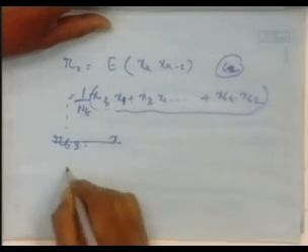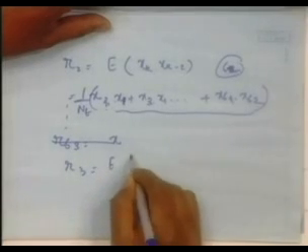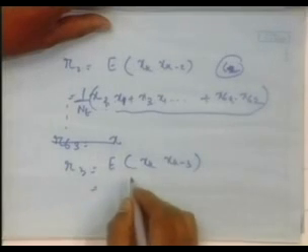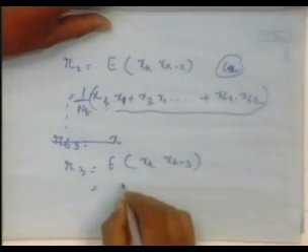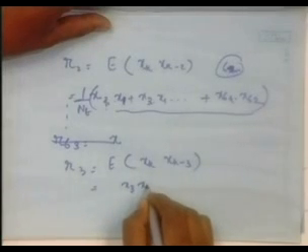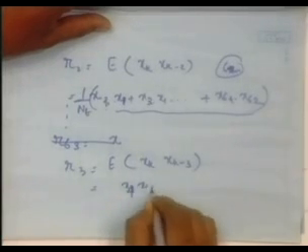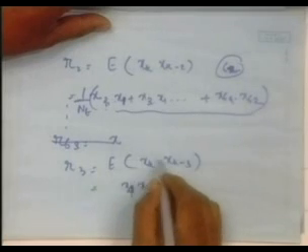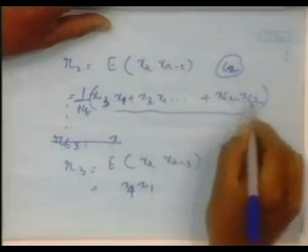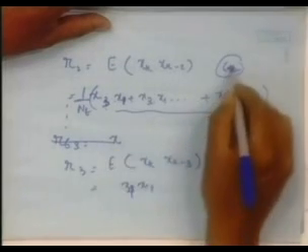Then similarly for R3 it will be expected value of xk into xk minus 3. Because only 64 samples are available, you will start with x4 into x1, then x5 into x2, up to x64 into x61, since it is delayed by 3. So there will be 61 samples.